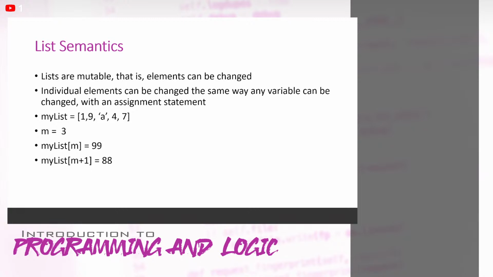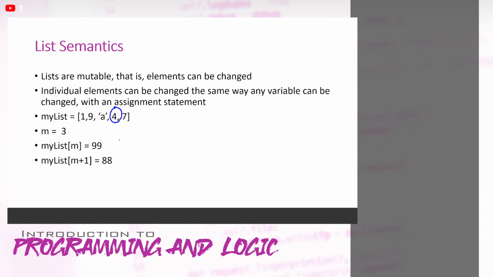We are creating a variable called M, and that variable is given the value of 3. Then we look at my list at index location M, which in this case is index location 3. If we go 0, 1, 2, 3, then we know the item in the third index location here is this 4.